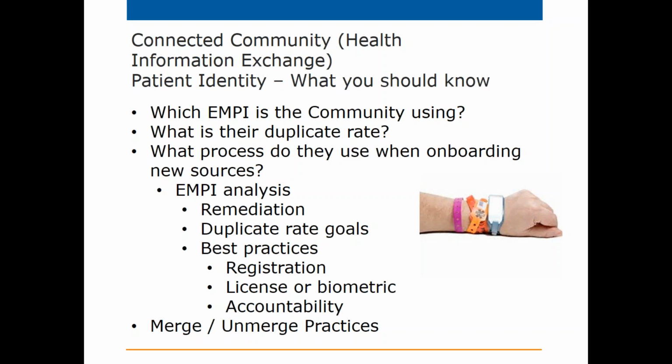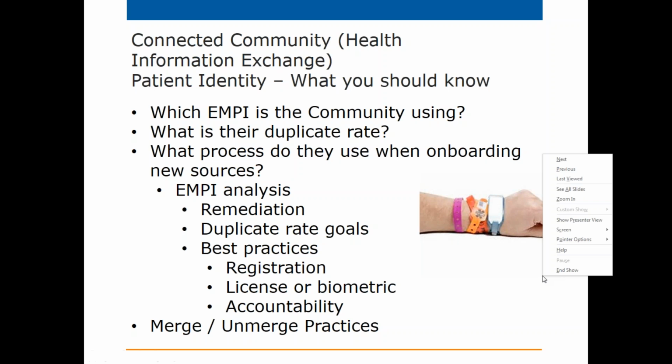Do they analyze it? How do they remediate it? Do they have enough staff to remediate it, or do they just let it auto-link? Just some things like that. Duplicate rate goals. What are they looking for? Best practices from registration, licensing, or biometric accountability. And what are their merge or unmerge practices from a connected community perspective?